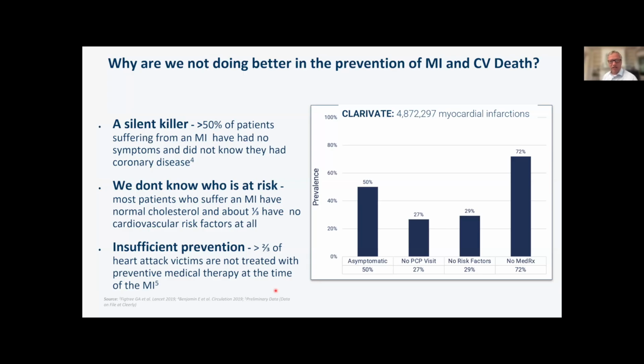What is related to events is the change in LDL cholesterol after therapy. That is very much established. But I think what this slide shows is that the value of what we call risk factor evaluation is very limited to precisely predict who is going to suffer from an MI.